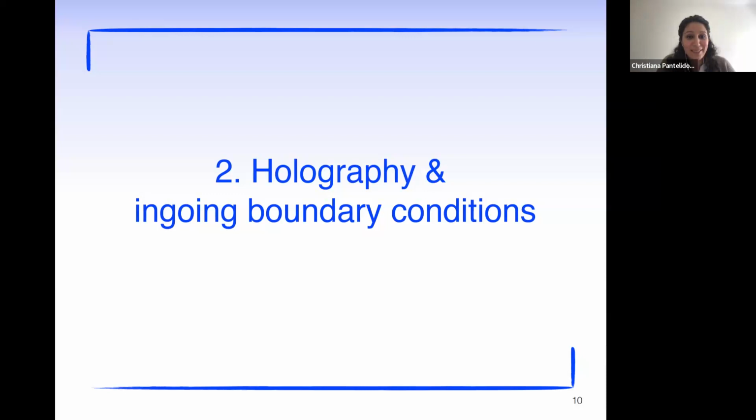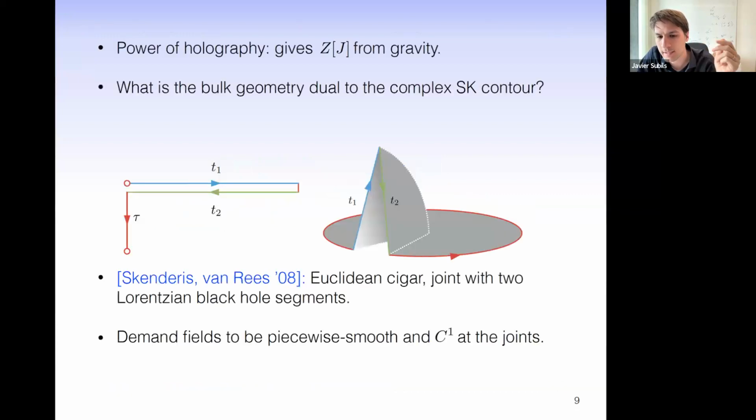Any other questions? Christiana, one question. I'm not getting the picture. Do you change the background geometry to make this? Like, do you first consider some Euclidean solution, and then for the one that enters into the T1 and the T2 piece, the Lorentzian? I'm not sure what you mean. I'm not getting how you do this computation. It seems in the red piece, the metric is positive definite.